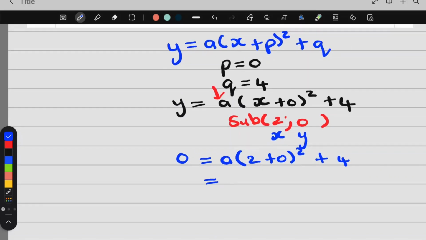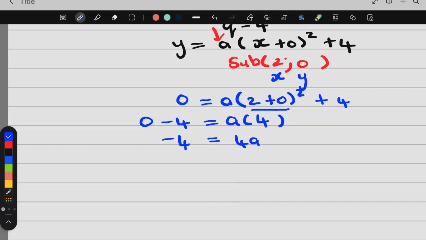So I bring the 4 over, so it becomes 0 minus 4. And A times the squared. 2 squared is 4. So this is a negative 4, and this becomes 4A. Divide both sides by the number in front of A, so divide by 4. What I do on the right, I do on the left.